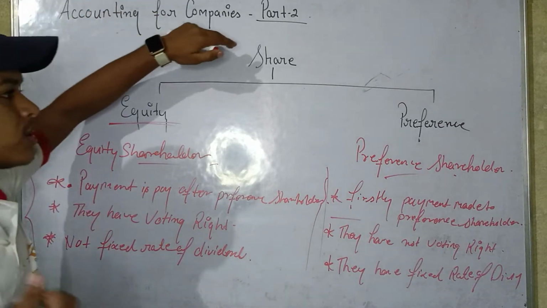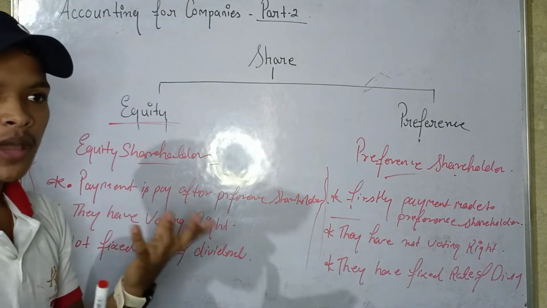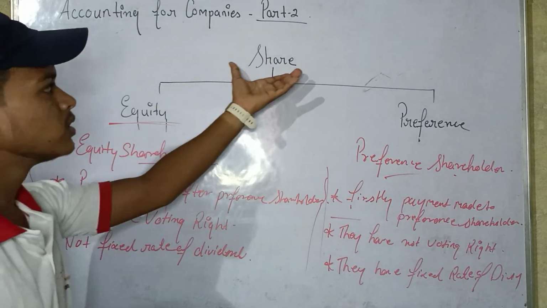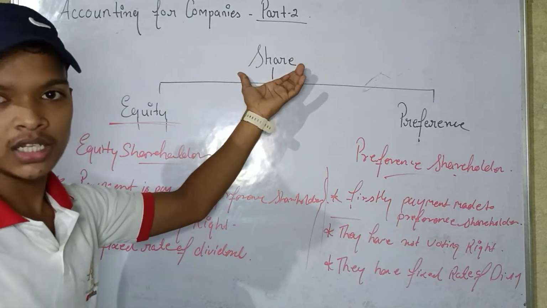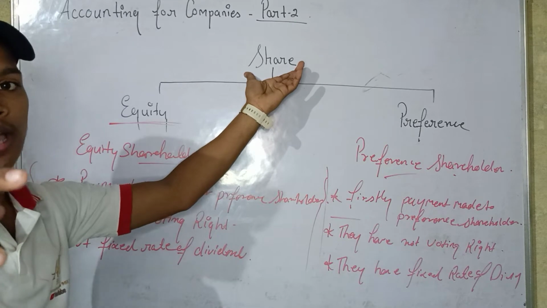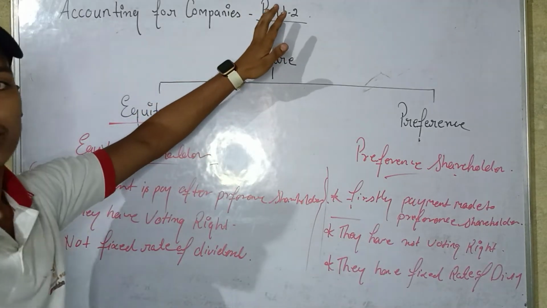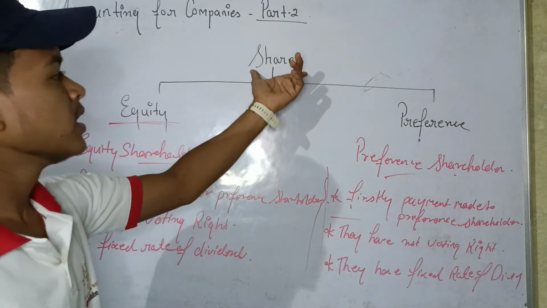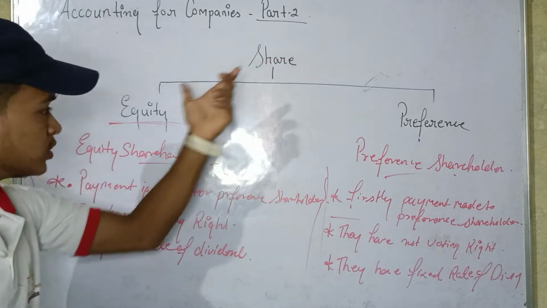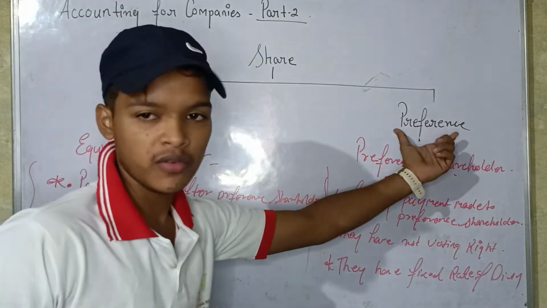Now, what is the main concept behind this? How a company issues shares we have already seen. If you have not seen it, go to the description and check part 1 to clear your concept. Here there are two types of shares: equity shares and preference shares.